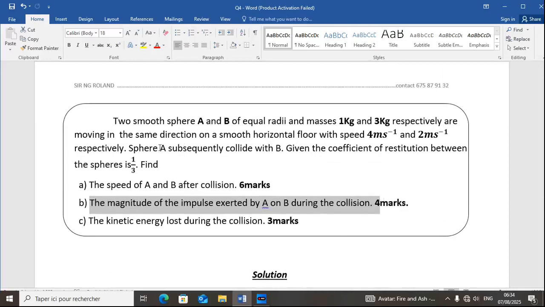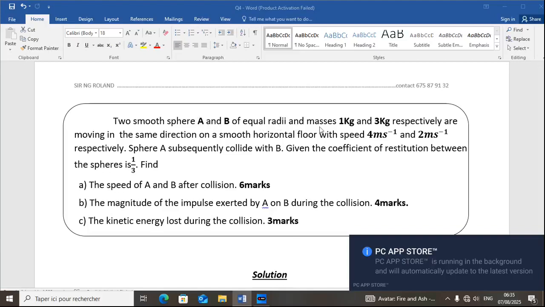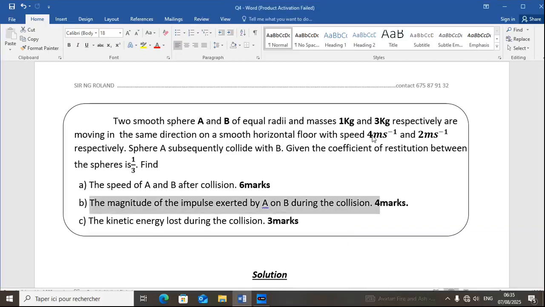They are moving in the same direction on a horizontal floor with speeds 4 meters per second and 2 meters per second respectively. Please take note of this word, respectively. When we say respectively, it simply means that it's in this order. That means sphere A is moving with a speed of 4 meters per second and sphere B is moving with a speed of 2 meters per second.